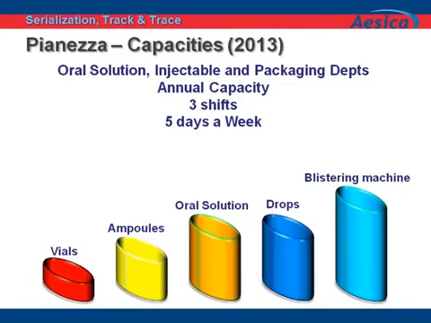Only to give some figures regarding the blister machines, we're producing more than 160 million blisters a year, so it's a very huge amount. For drops and oral solutions, we have a capacity of 7 million bottles per year. And regarding ampoules and vials, we manage and produce 26 million ampoules each year.